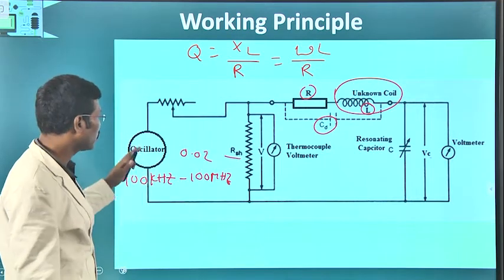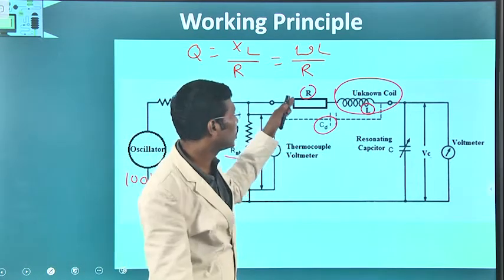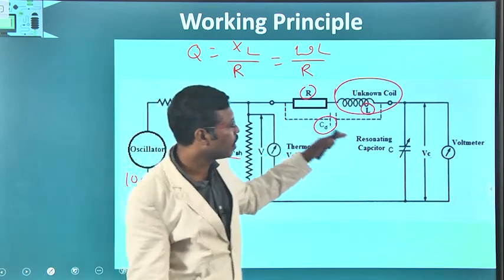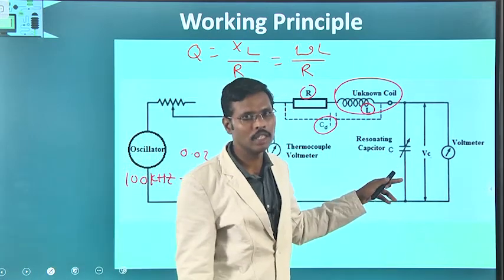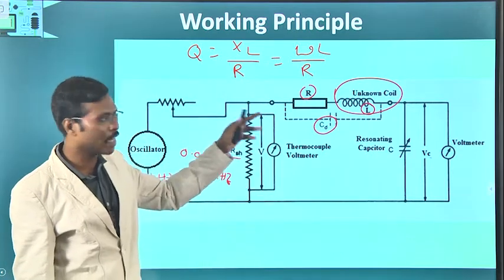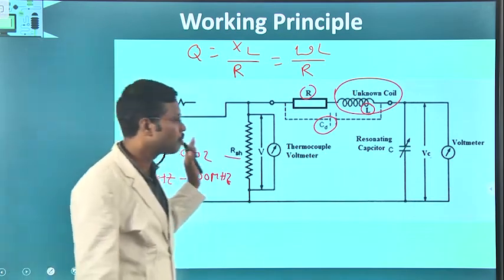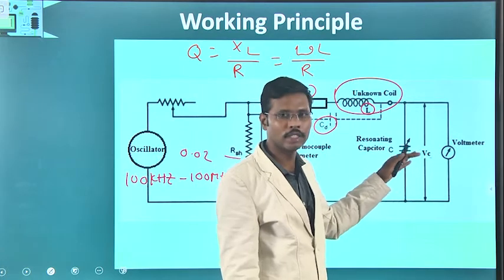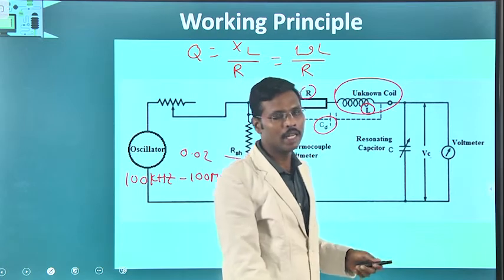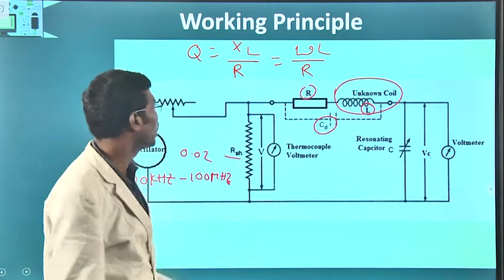By varying the frequency of this input oscillator or the value of this variable capacitor, we will make this circuit resonate, and when this circuit is under resonance, we will be measuring the voltage across this resonating capacitor, and that voltage will be equal to the quality factor times the input voltage. As we are maintaining this input voltage as constant, by determining the voltage across this resonating capacitor, we can determine the quality factor of this unknown inductor L connected in the circuit. So in this way we are able to measure the quality factor of the component.